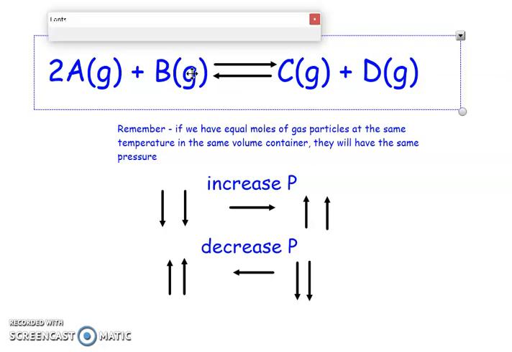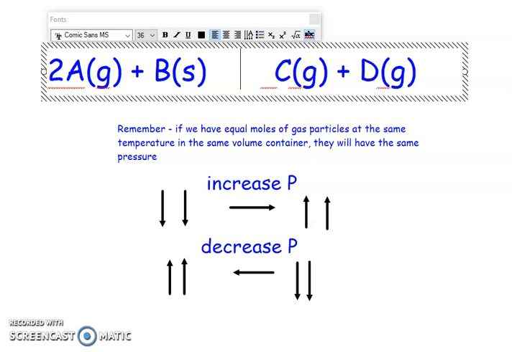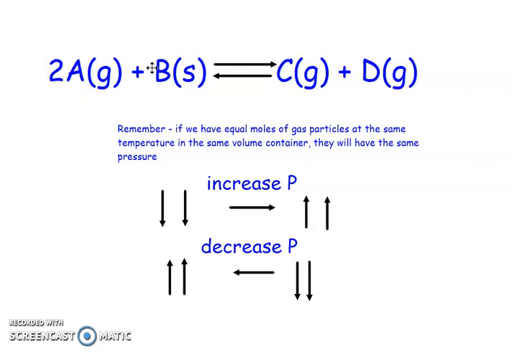If this reaction, instead of this, had said B is a solid, so that I have 2 moles of A, which is a gas, B being a solid, we would ignore, C and D, 2 moles of gas on the product side. So in this case, where I have 2 moles of a gas on the reactant side and 2 moles of a gas on the product side, changing the pressure will not shift the equilibrium because the moles of gas are the same on both sides.